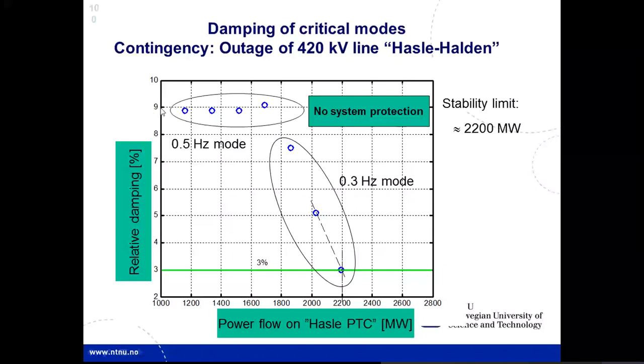But if we increase the power flow beyond, let's say, 1800 megawatt, and let's say you increase up to the stability limit of 2200 megawatt, so with the increase of the power flow in the line from 1800 to 2200, in that case this mode may get diminished.